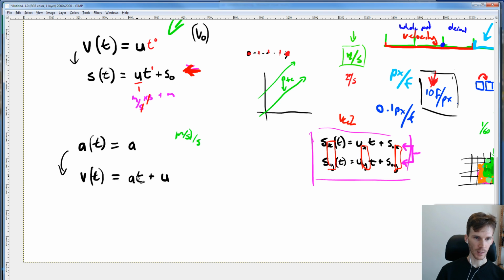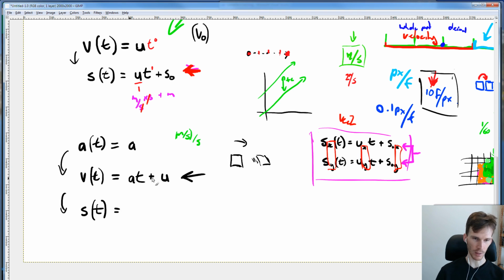And then if we integrate up again, we're going to get position at time t equals, and this is useful. I just want to say that the velocity is useful on its own. If we have an animation, maybe we have a square moving along, perhaps we add some lines coming out the back.